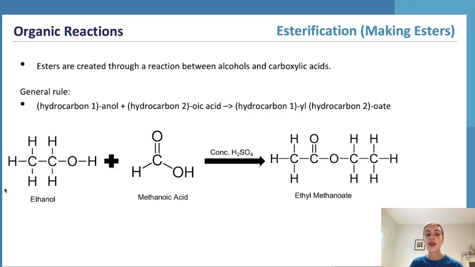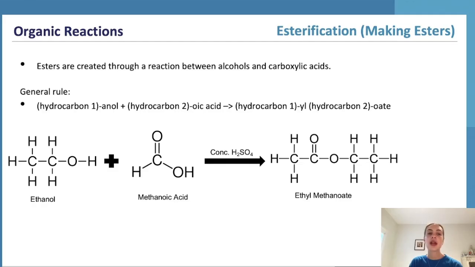So the ethanol part becomes the alkyl group, the branched off chain, and then the methanoic acid part becomes the methanoate group on the end. And in this reaction, obviously we'd be breaking a bond here and a bond here, so we'd also produce water in this particular reaction as a byproduct.